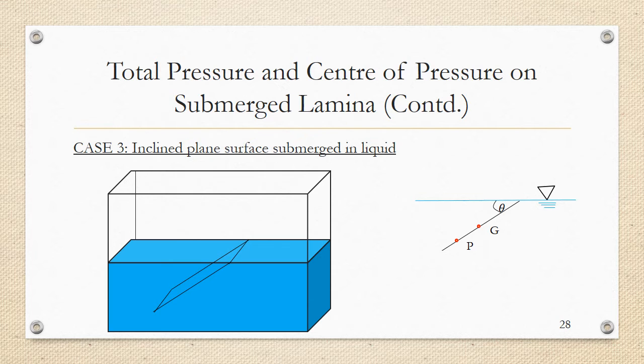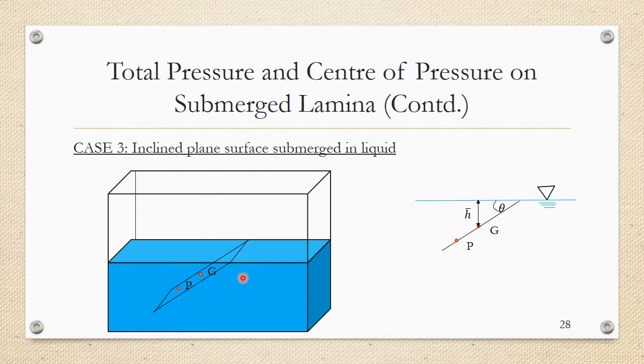Center of gravity and center of pressure when marked on the three-dimensional figure would look like this. So whatever points I'm drawing on the two-dimensional figure, I'm also correspondingly showing on the three-dimensional figure. This is done so that it will help you visualize what we are actually explaining.